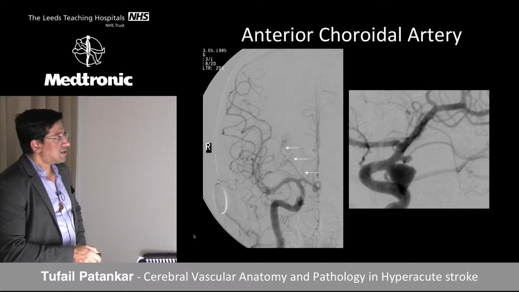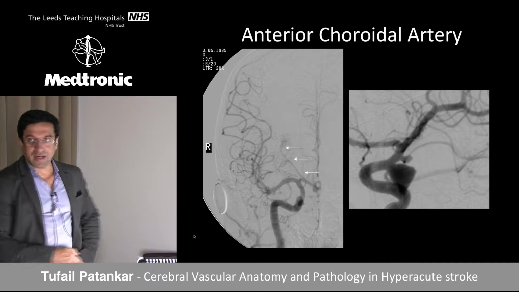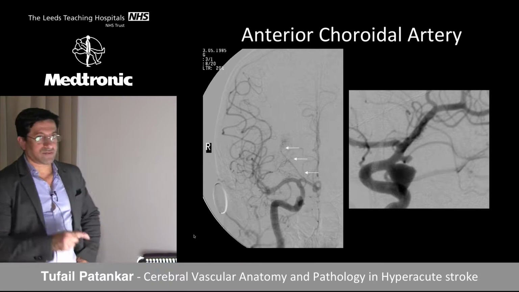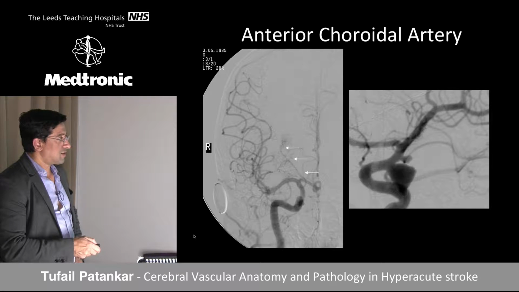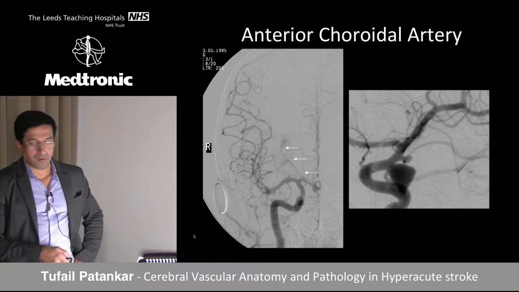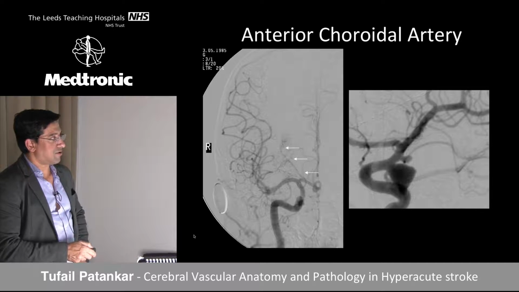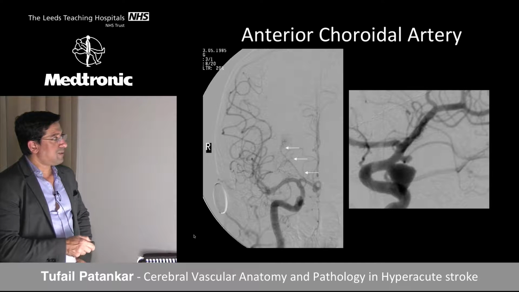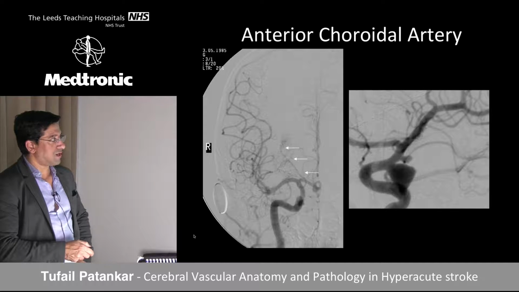Look at this one. This is the internal carotid artery again. Two branches. One is the ophthalmic in the front, and two branches from the back of the internal carotid. The first one is the PCOM, and the second one is the anterior choroidal artery. Look at the size. In this patient, this is the more important artery.